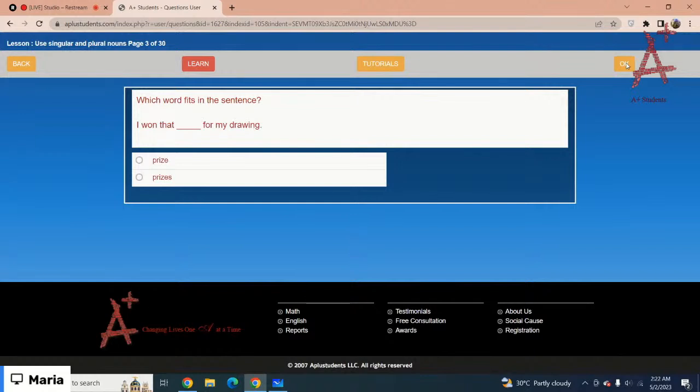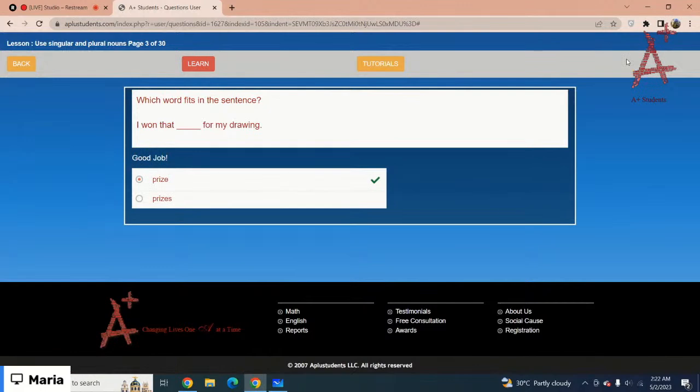I won that dash for my drawing. This, that, and it are used with a singular noun. So it would be that prize. I won that prize for my drawing.